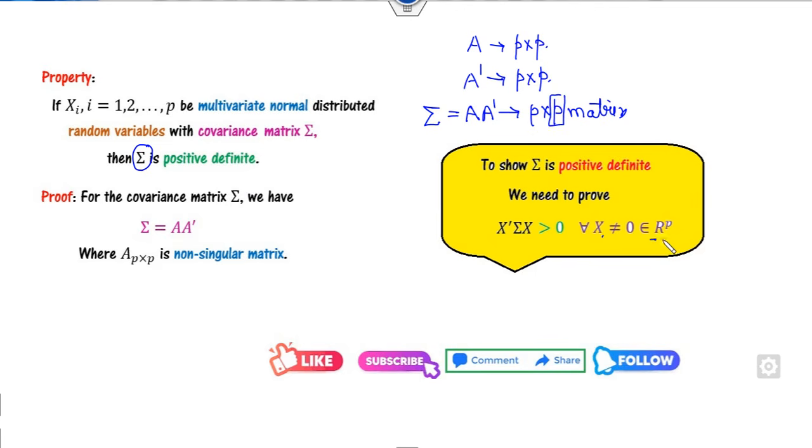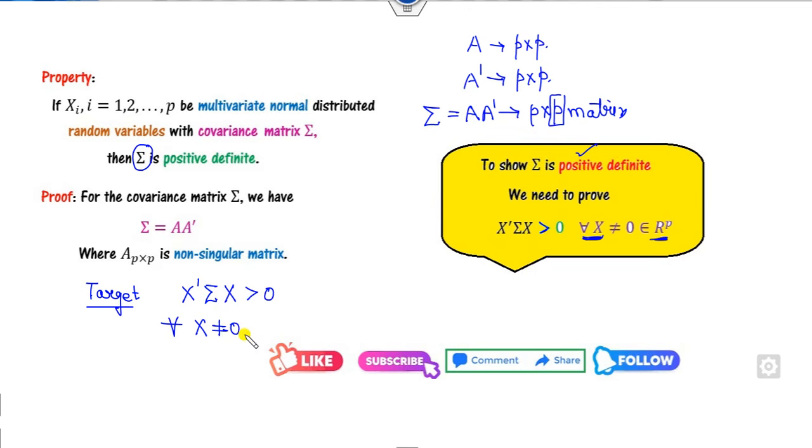You can choose any vector x, and if you multiply this as x transpose sigma x, if it is strictly greater than 0 for all non-zero x, then you can say it is positive definite. So your target is to prove x transpose sigma x should be greater than 0 for all x which is non-zero.